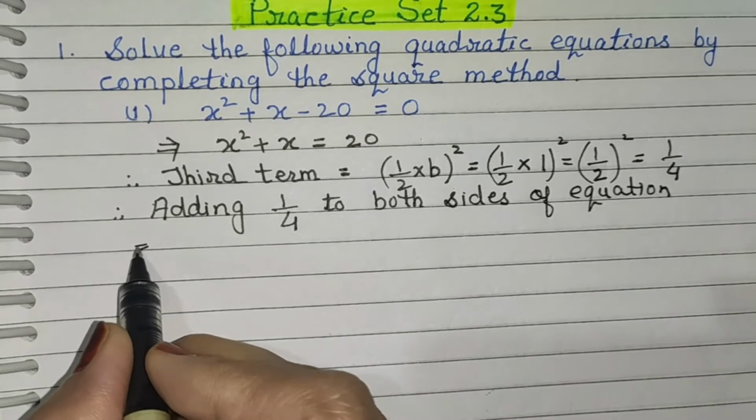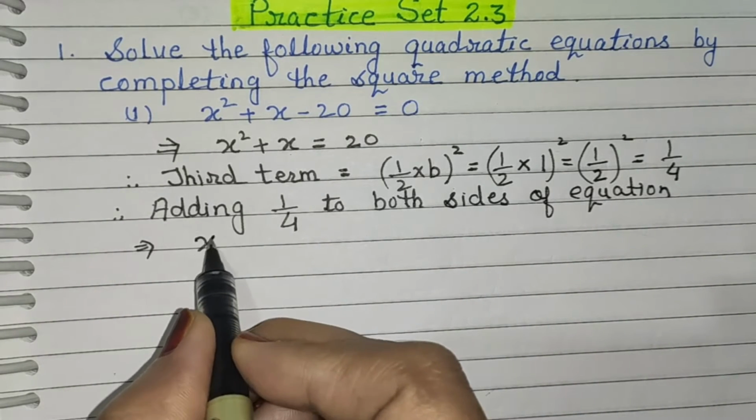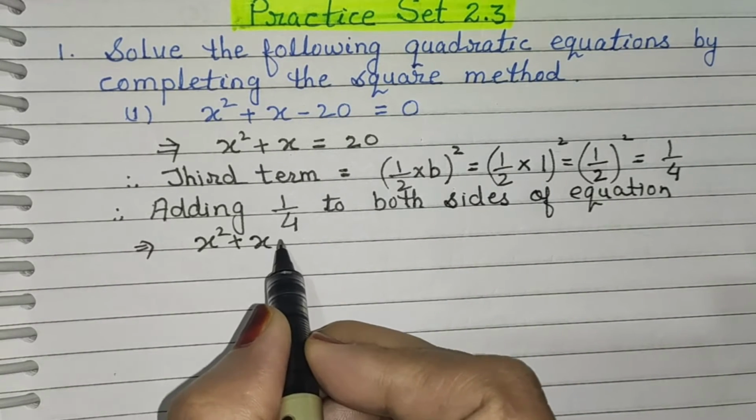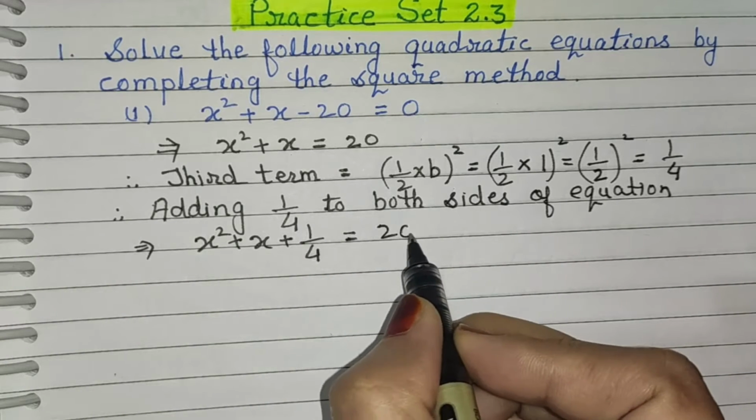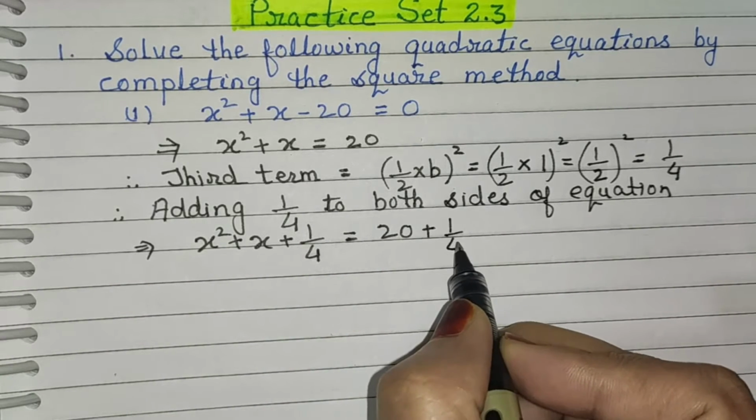We get here x square plus x plus 1 upon 4 is equal to 20 plus 1 upon 4.